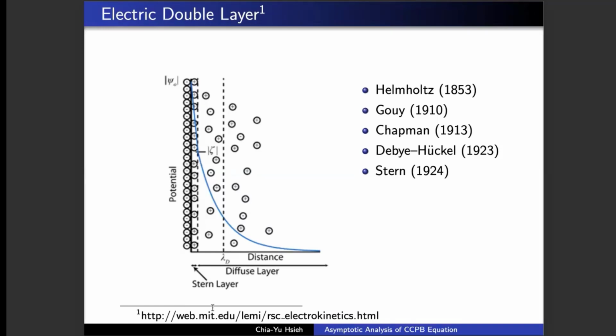And next to the Stern layer, there are still some diffuse ions at higher concentration, and this is called the diffuse layer or Debye layer. Okay, so the Poisson-Boltzmann equation indeed comes from the Gouy-Chapman theory to describe the diffuse part of the ionic solution. So in particular, we can use a boundary layer solution to the Poisson-Boltzmann model to describe the Debye layer of the ionic solution.